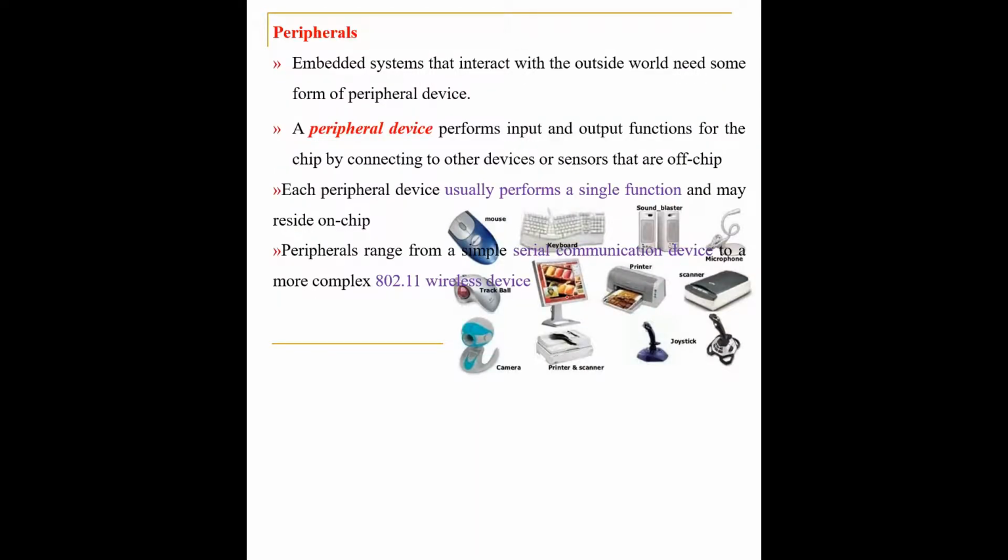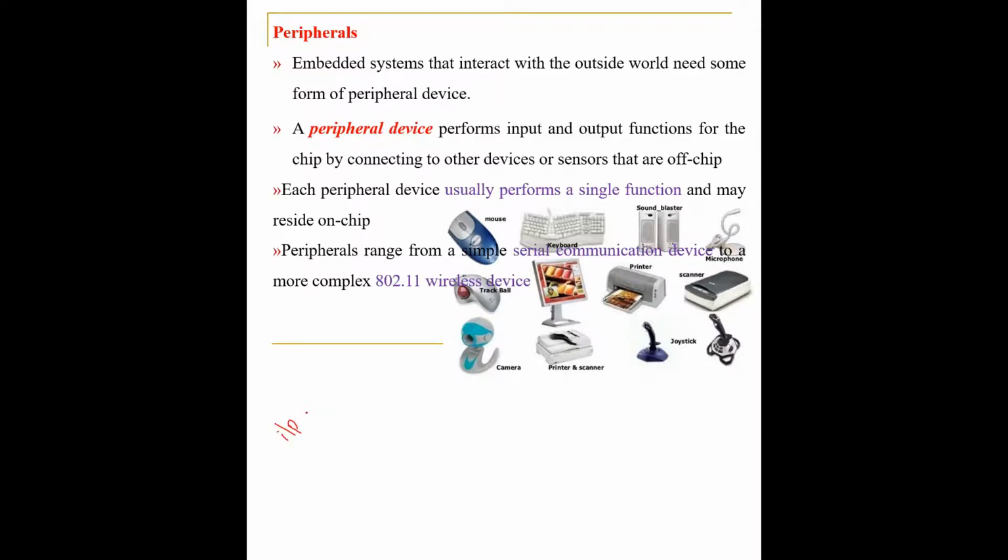Moving on to the next topic of this ARM embedded system hardware. The third component we check out here is peripherals. As I said, peripherals are the devices through which your embedded system can interact with the outer world.